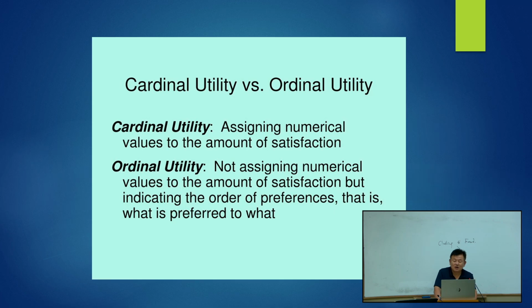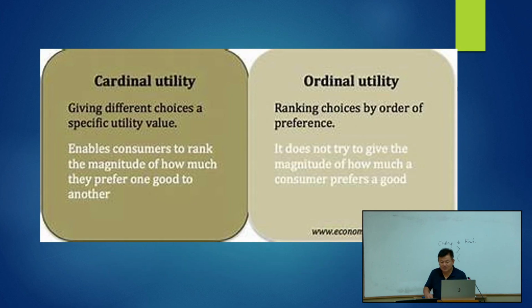It means, okay, I buy apples, 5 apples, 6 apples. This is cardinal utility, and then I get some utility. Ordinal utility means not assigning numerical values to the amount of satisfaction, but indicating preferences, that is, what is preferred to what.